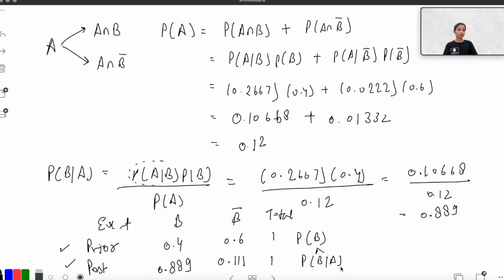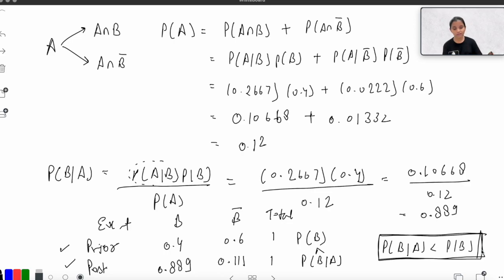And in the previous theorem we studied, probability of B given A is going to be lesser than probability of B. But your conditional probability can also be greater than the probability of that event B under certain circumstances. Firstly, I'll give a brief introduction of in what scenarios you can have a conditional probability greater than the unconditional probability, and then we will see the mathematical point of view. Okay, so consider some example.